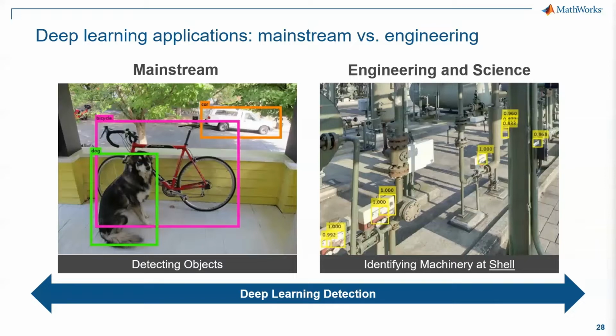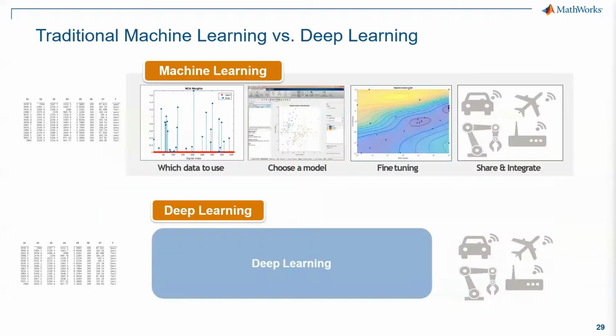You have the bounding box around the dog, the bicycle, and the car, and they're also overlapping. The same technique is being used by Shell to locate text that identifies different machinery on location. Automating this process allows Shell to perform more efficient maintenance on their equipment.